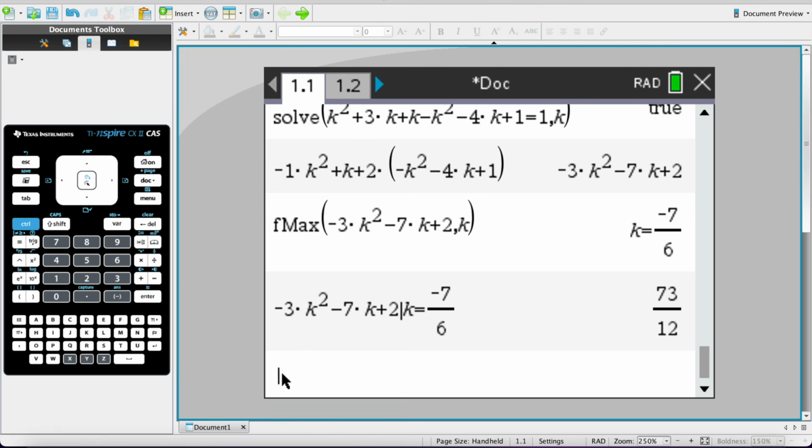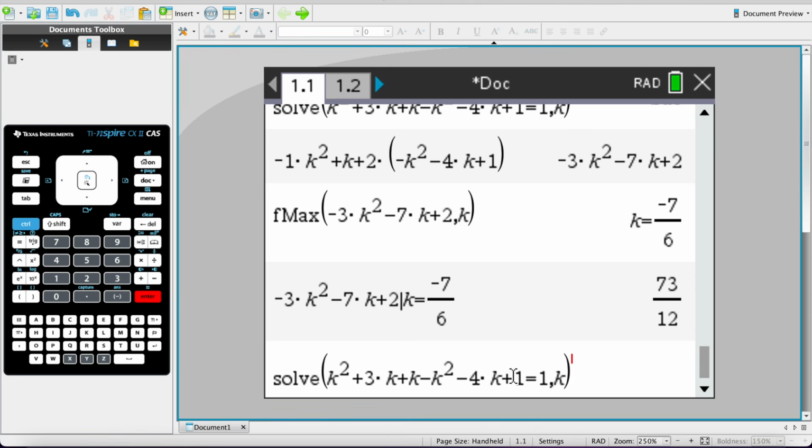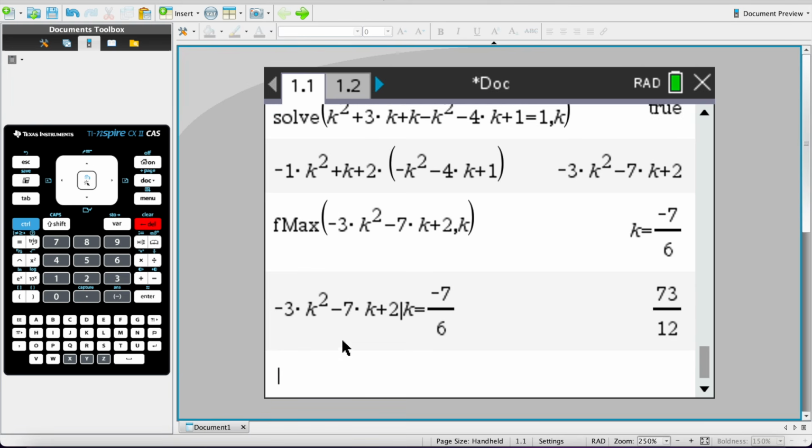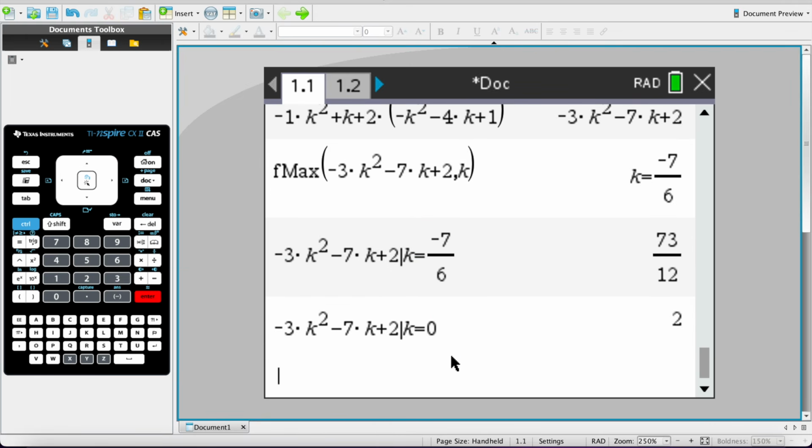So k definitely can't be negative, so let's try when it's 0. And that's 2. And we can have k as 0. Now I don't know if we can have k as 1 for sure.